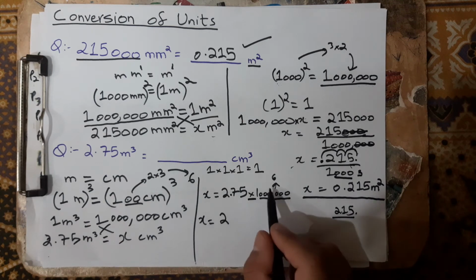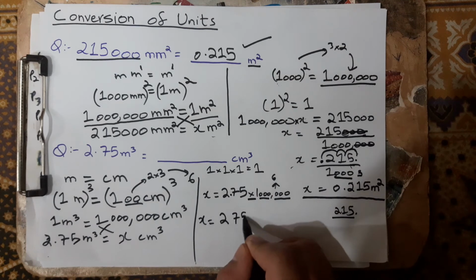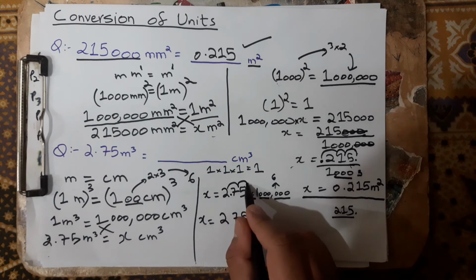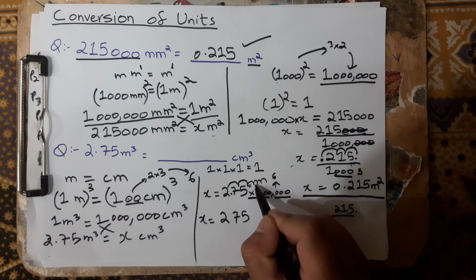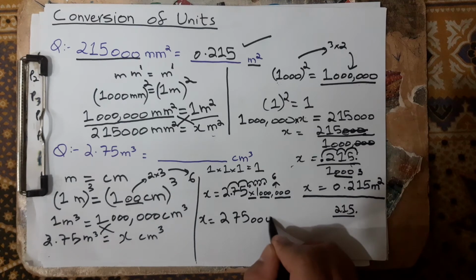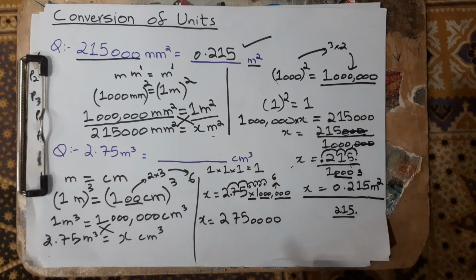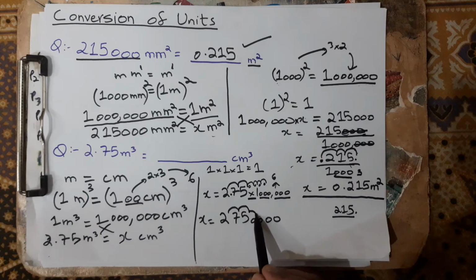So if we move the decimal 6 places ahead, we will get 275, then 1 2 3 4 5 6, which means 4 zeros, 1 2 3 4. You can even check it: the decimal was first over here and you moved it 6 places ahead, 1 2 3 4 5 6.